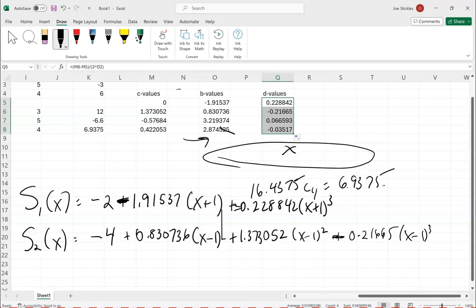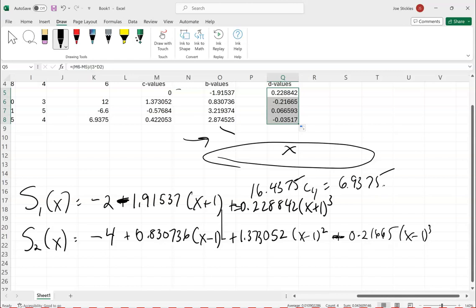So for the other two, I can't remember what the next y value was, 5? You'd have a 4 and then a plus 3.219 times x minus 4. Yeah, you're right. It was 5. Sorry, I thought it was a 5. The x was a 4, right? Yeah.